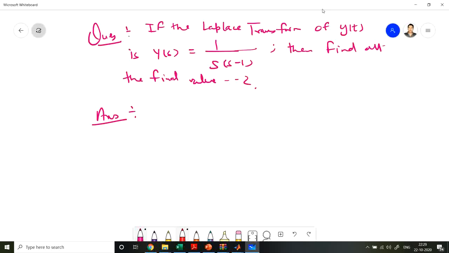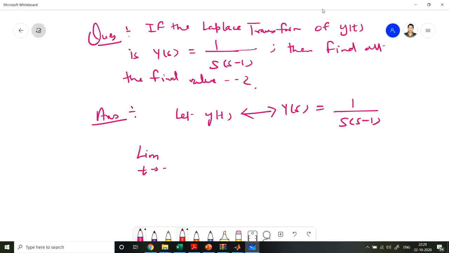So what is the final value theorem? Let y(t) have Laplace transform Y(s), given as 1 divided by s minus 1. According to the final value theorem, limit t tends to infinity of y(t) is nothing but limit s tends to 0 of s into Y(s).